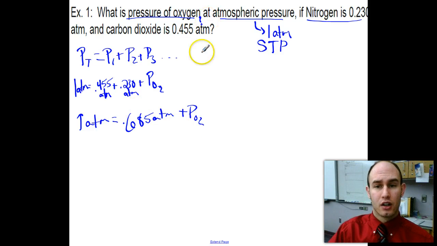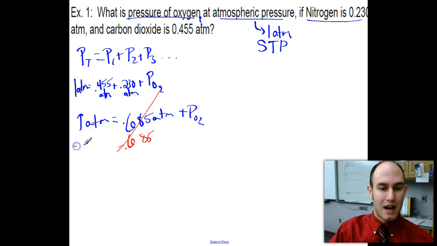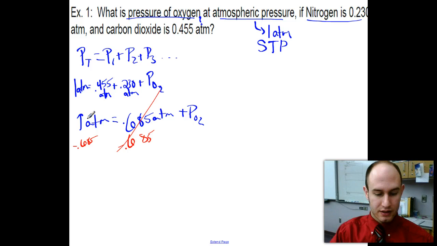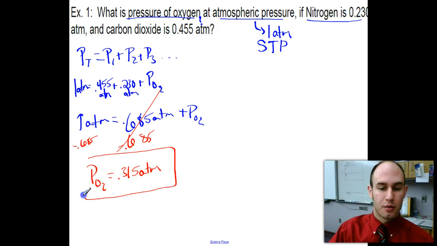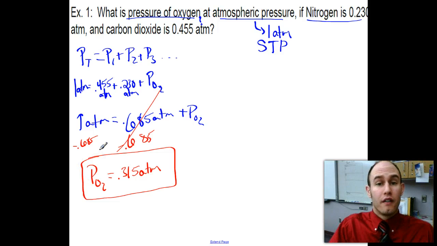I'm simply going to subtract 0.685 so that these cancel. So 1 minus 0.685 gives me 0.315. I'm sorry, I said 0.13 there. So my pressure of O2 is 0.315 atmospheres as the partial pressure of oxygen.